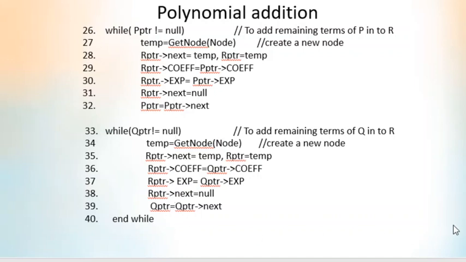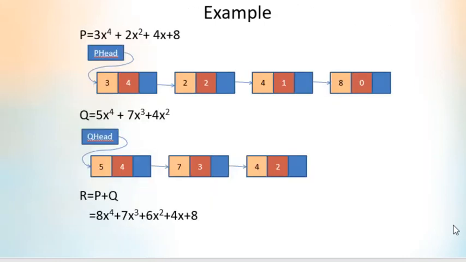So this is how the polynomial addition is done using the data structure linked list. So in our example, we already got the answer. 8x raised to 4 plus 7x raised to 3 plus 6x square plus 4x plus 8 is the sum of these two polynomials that we have considered.